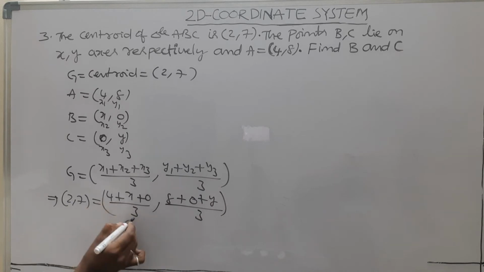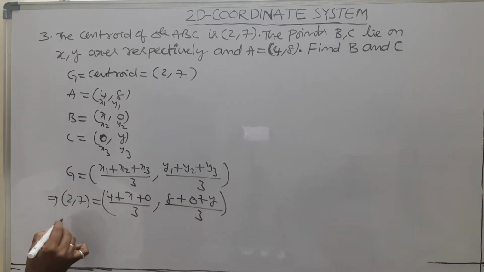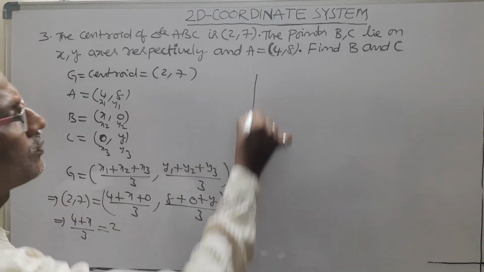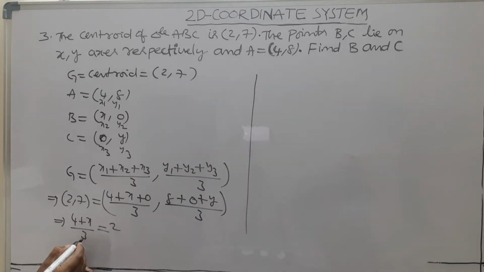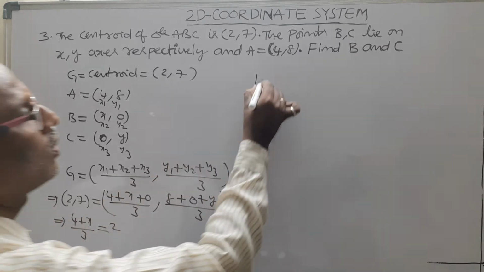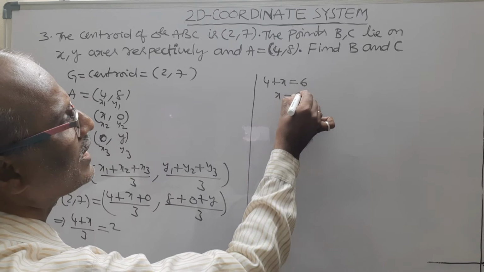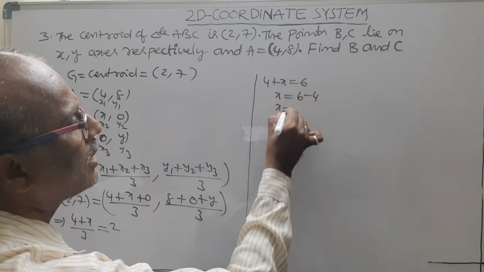Here 4 plus x by 3, 8 plus y by 3. 4 plus x by 3 is equal to 2. Cross multiply: 4 plus x is equal to 6. x is equal to 6 minus 4, x equal to 2.